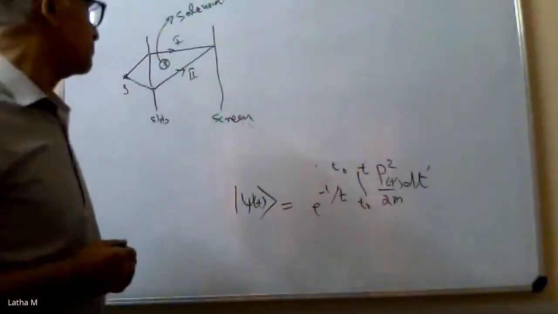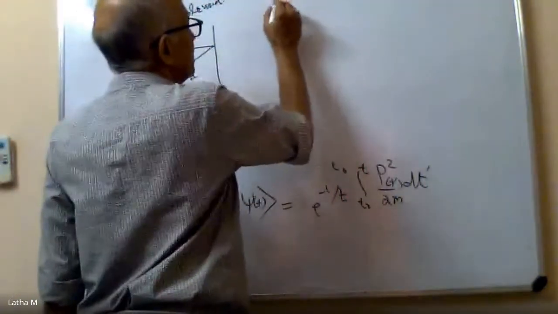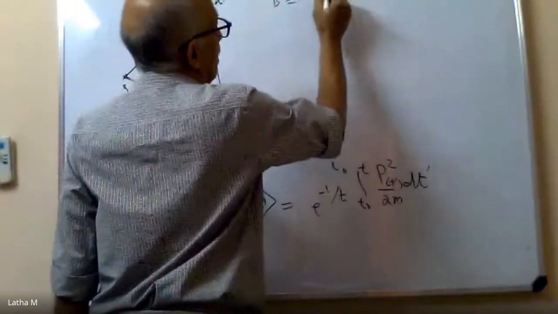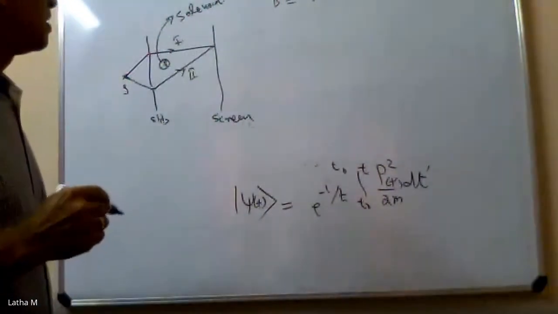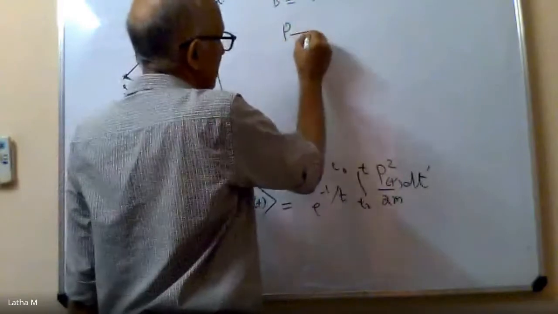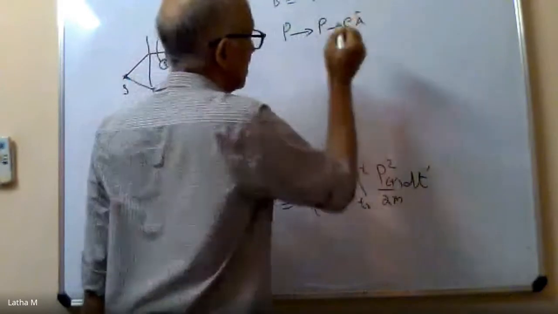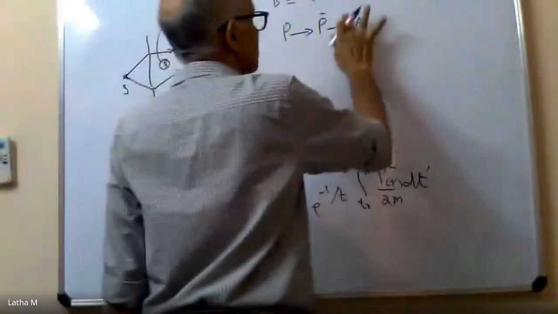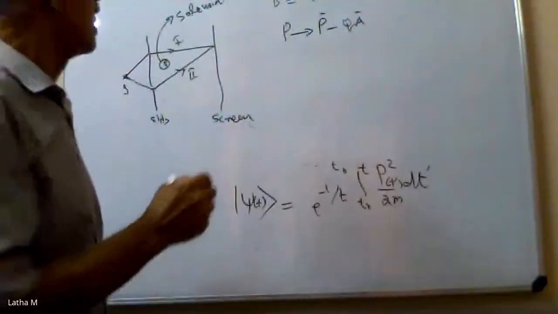In presence of a magnetic field, we know that the magnetic field is related to the vector potential by the relation B equal to curl A. And in presence of a magnetic field, this momentum P is changed to P minus qA. Here I omit the c. Here we can assume that it is charge q and may not be the electronic charge.